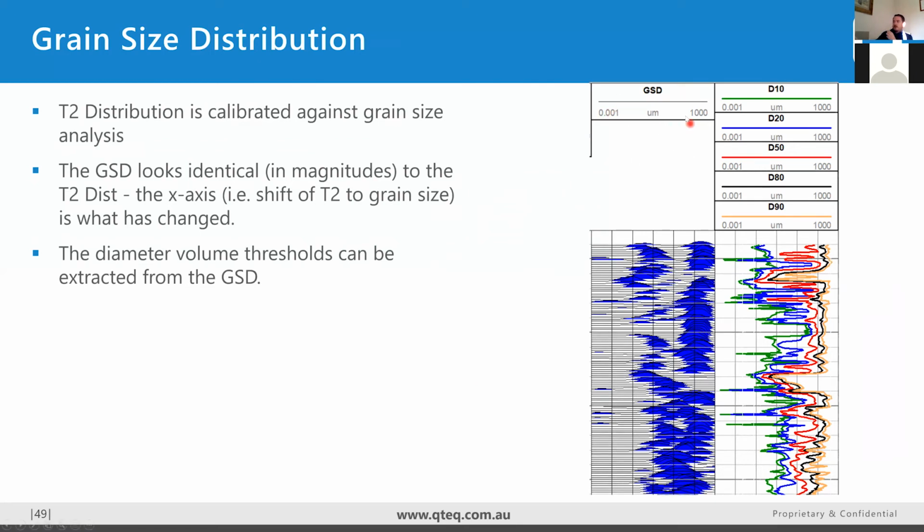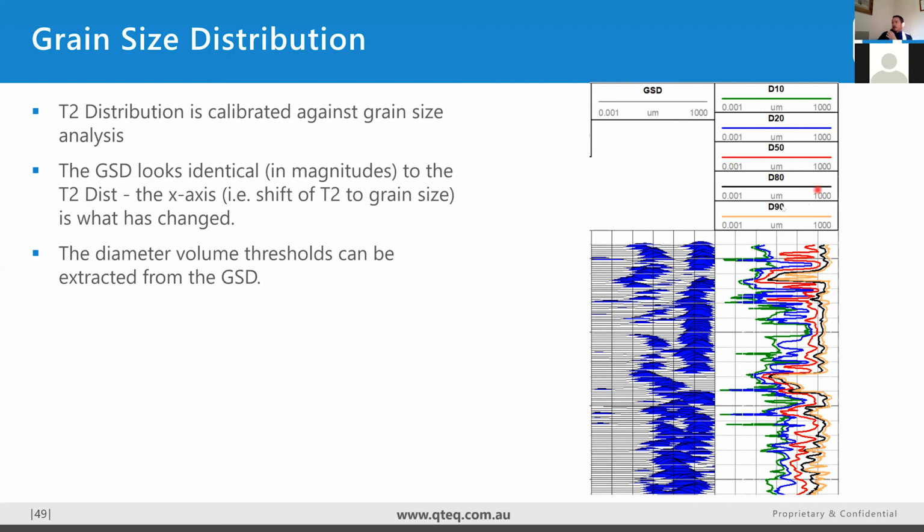So instead of this being time-based, it now becomes a metric dimension space. So in this case, from 0.001 micrometer up to 1,000 micrometers. And we start getting an idea of our physical grain size. And this can be important when you're looking at your screen size setting, for example, and if you wanted to optimize your completion.